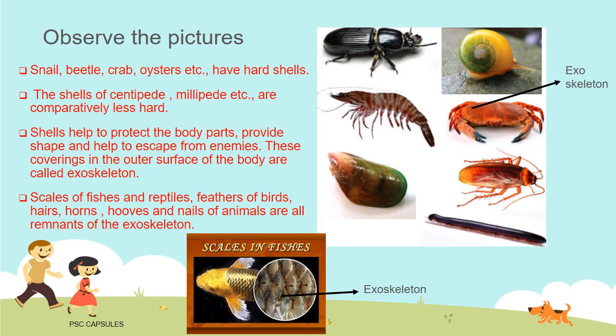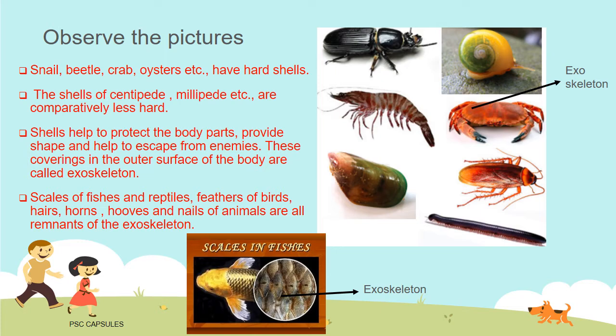From the previous slide, you can conclude that shells are the important part of many organisms. Some organisms like snail, beetle, crab, oysters, etc. have hard shells, but some other organisms like centipede, millipede, etc. are comparatively less hard.